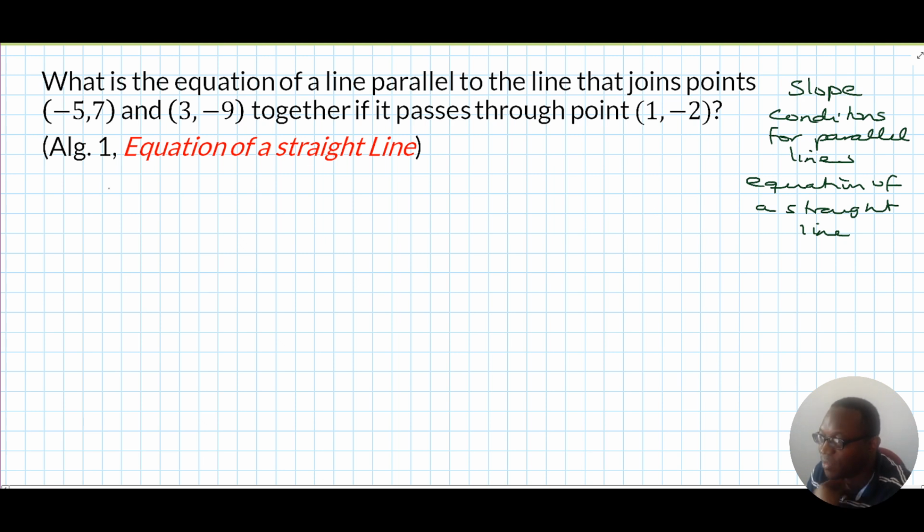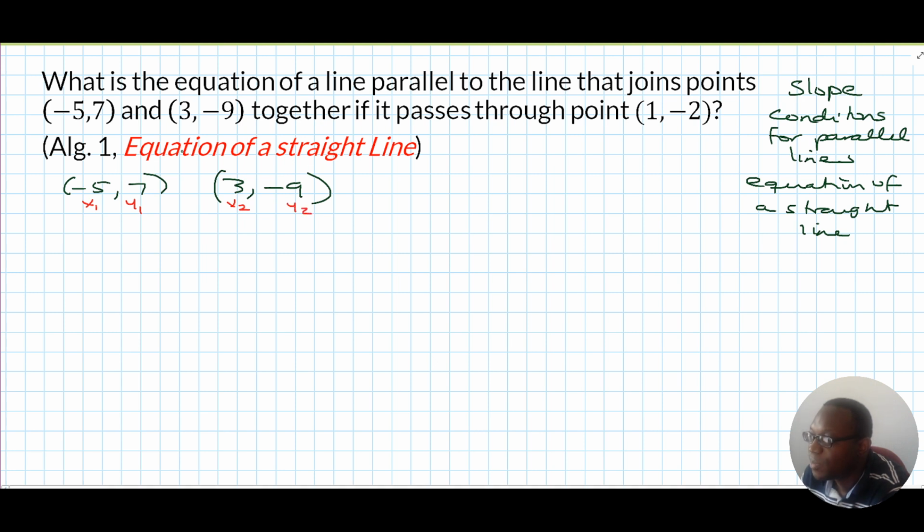What is the slope of a line? So we have (-5, 7). We also have (3, -9). So we need to find the slope. So I'm going to label this as x1, y1, x2, y2.